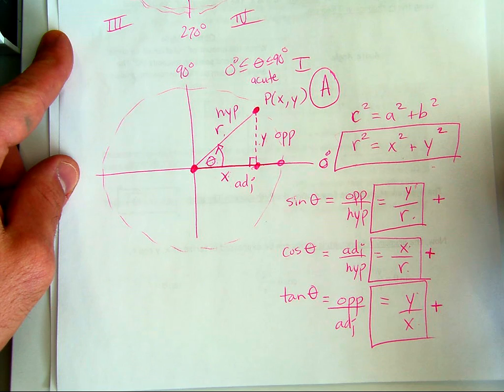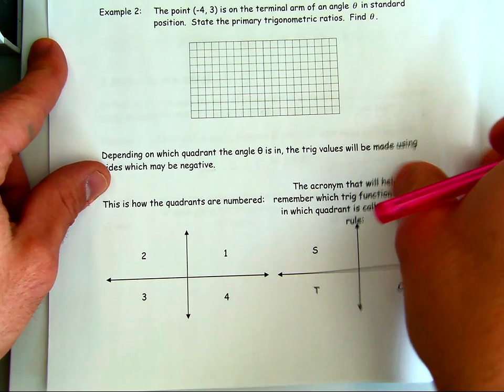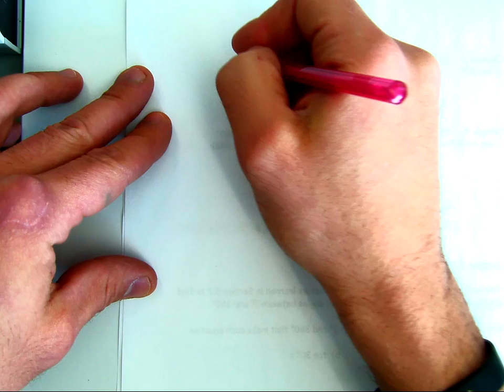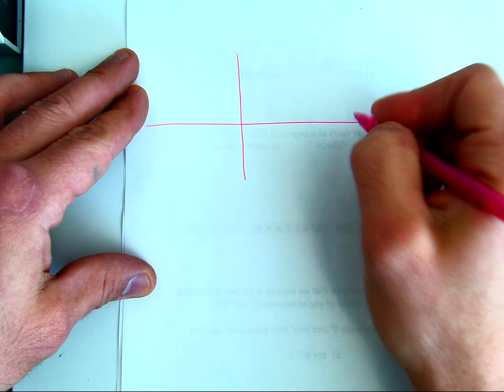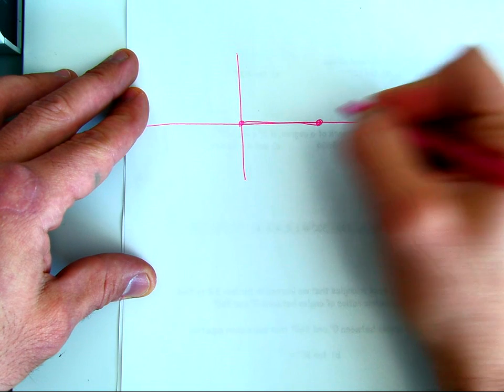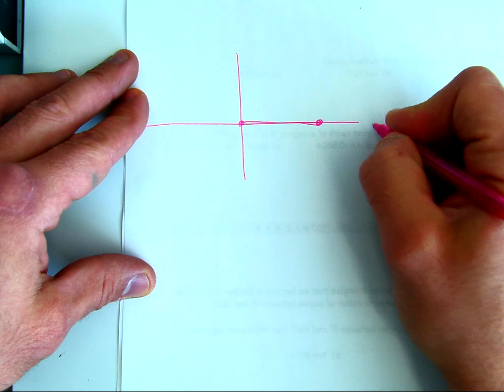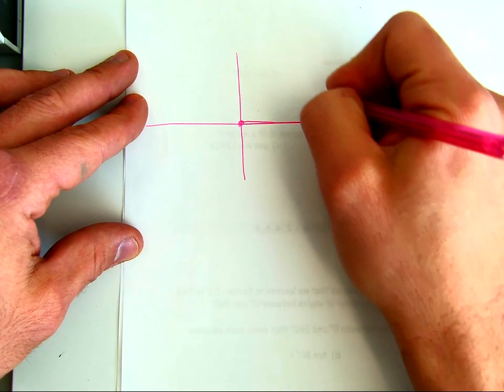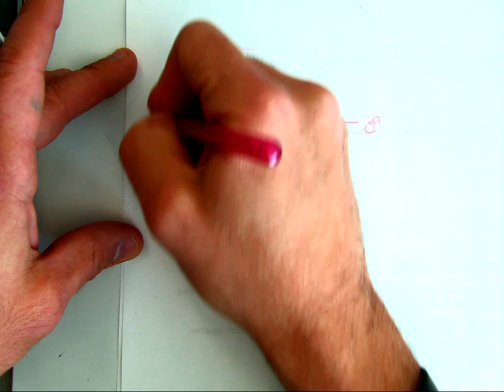If we take a look at the second quadrant, quadrant number 2, and see what's going on, again, if I start off with a terminal arm in standard position, which is 0 degrees, and we know that this terminal arm rotates counterclockwise in a circular fashion.